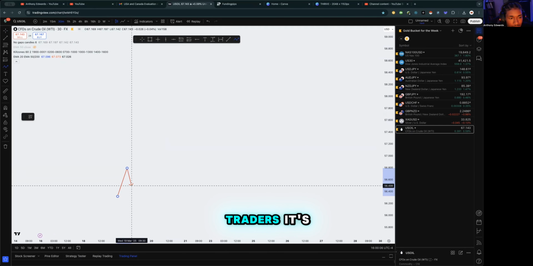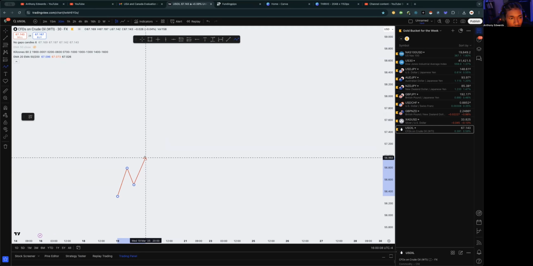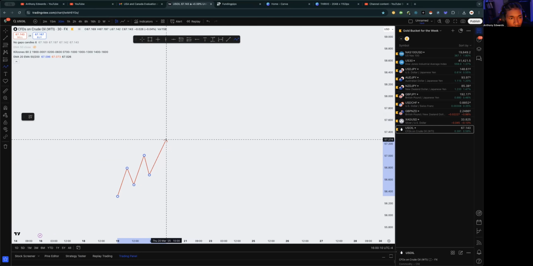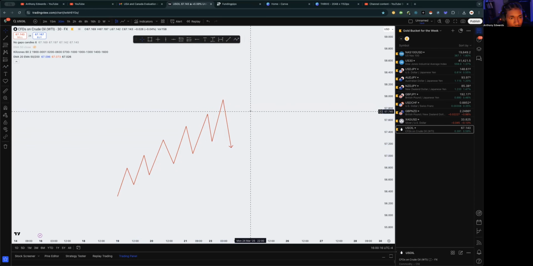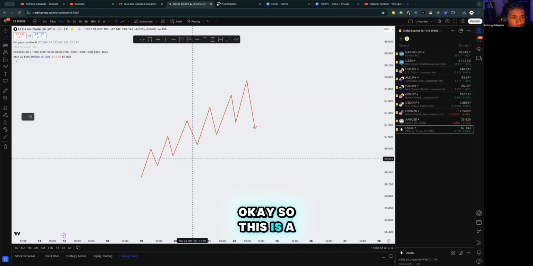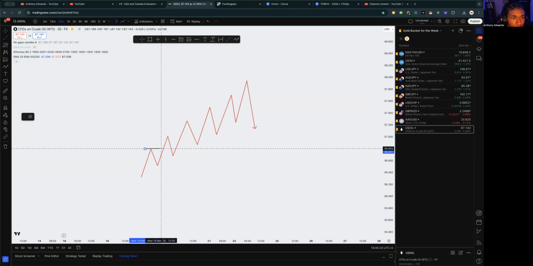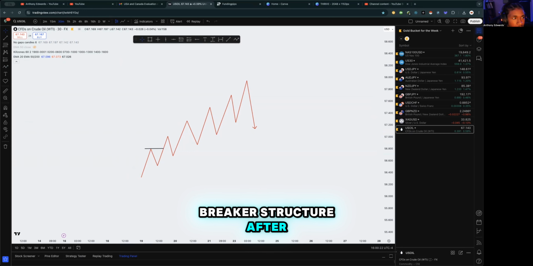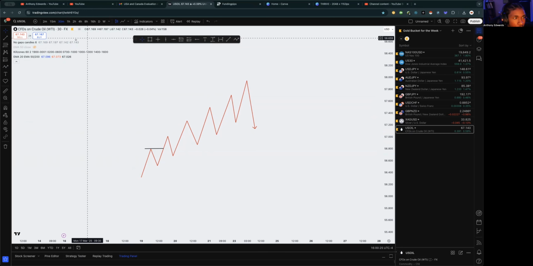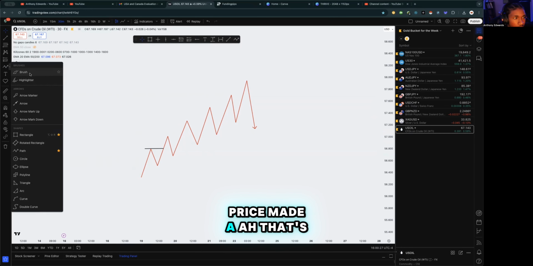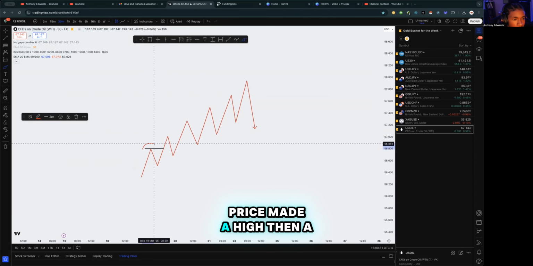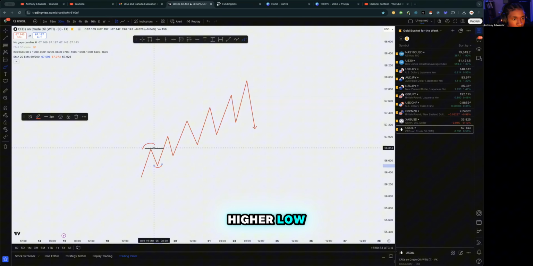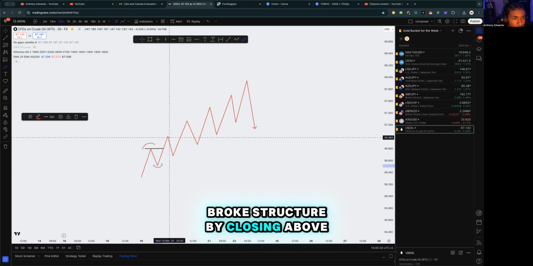If we're looking at ICT traders, okay, so this is a breaker structure. After price made a high, then a higher low, it broke structure by closing above.